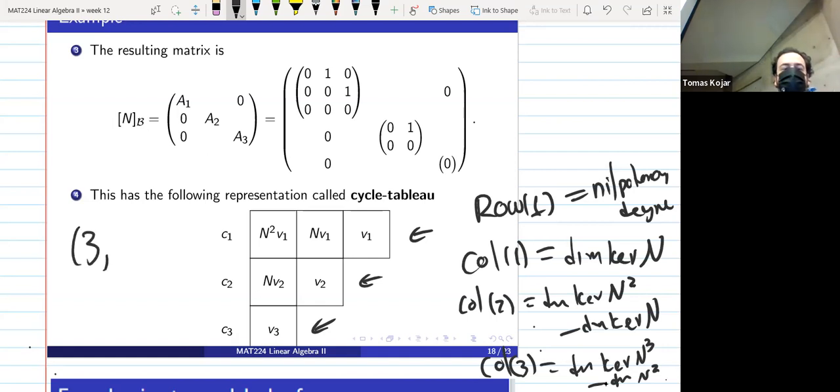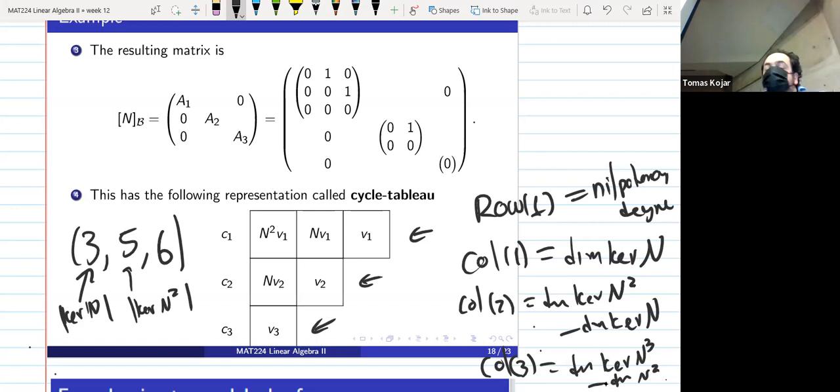So we have the signature, 3, 5, 6, and you should be able to go between the signature and the table. Let me explain how you do it. The first number gives you the number of boxes in the first column, since it was the kernel of N. The next number was the kernel of N squared, and so to get the second column, you subtract 3 from 5, which is 2.